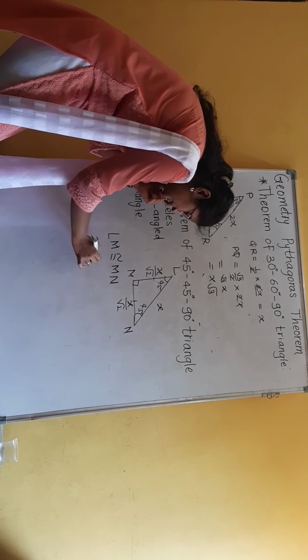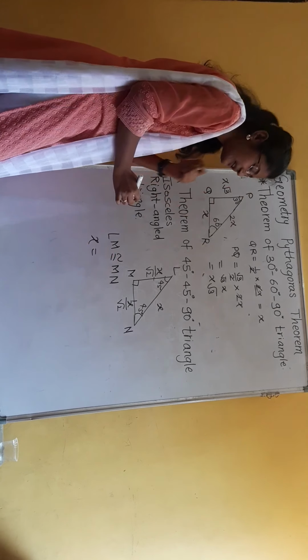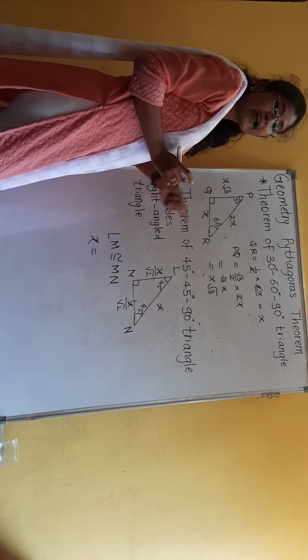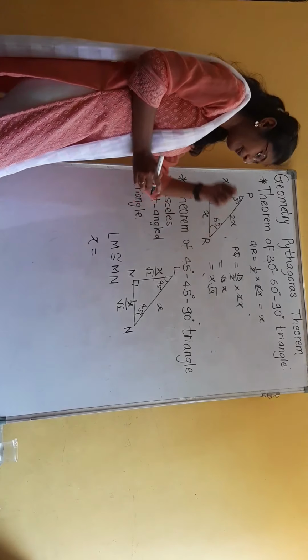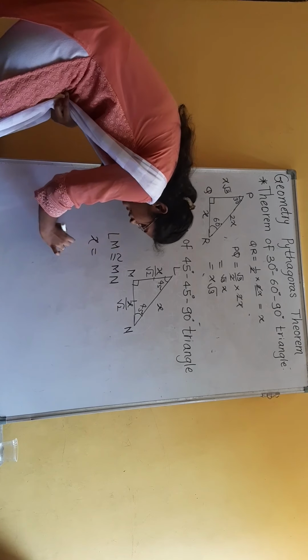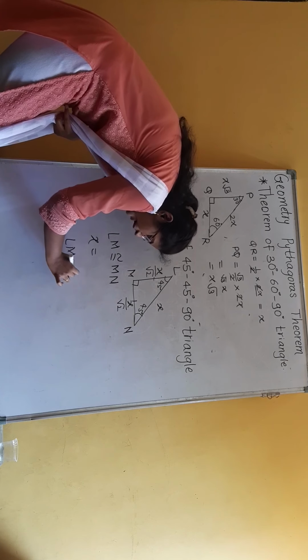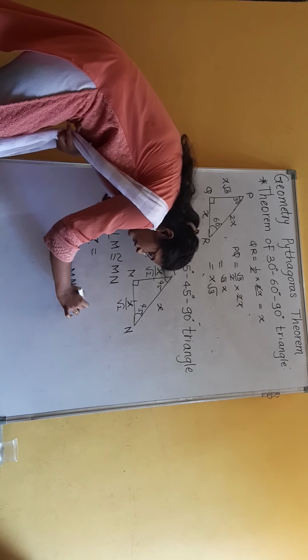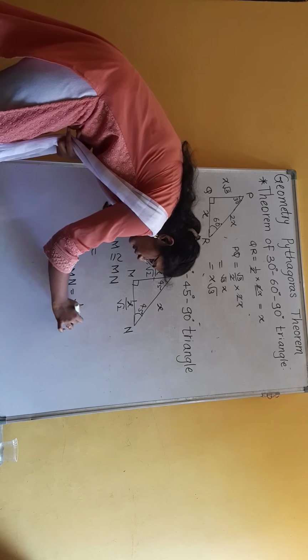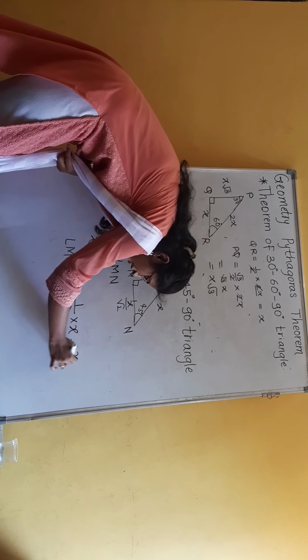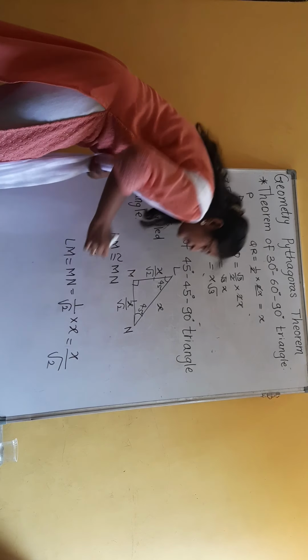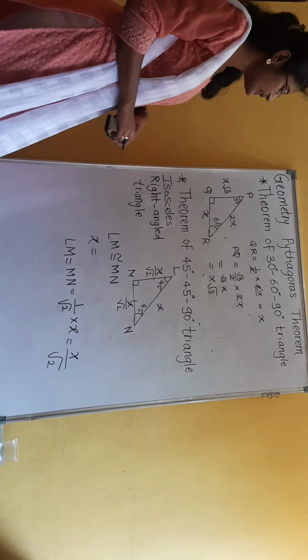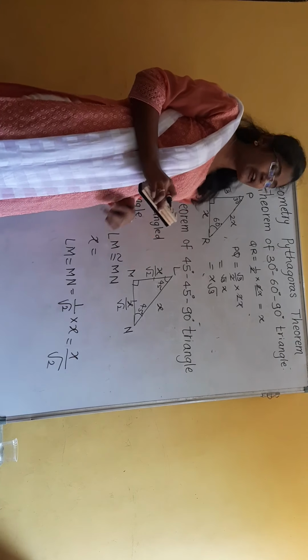So LM equals MN equals 1 by under root 2 times x, that is x by under root 2. This is about the 45, 45, 90 degree theorem.